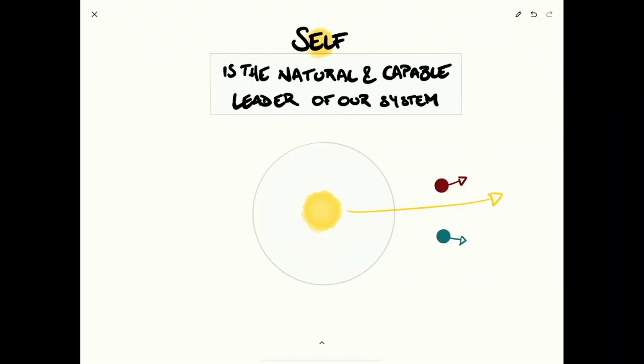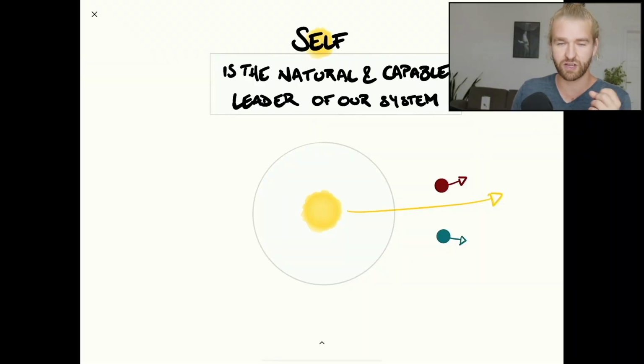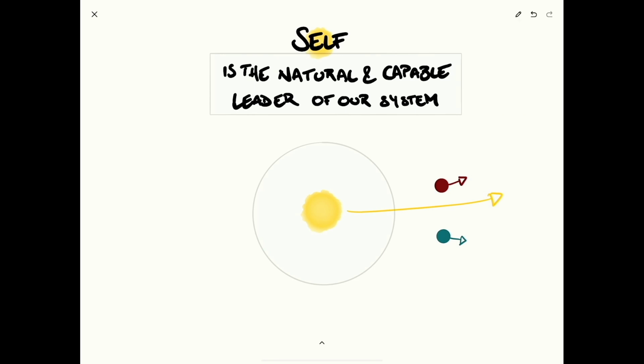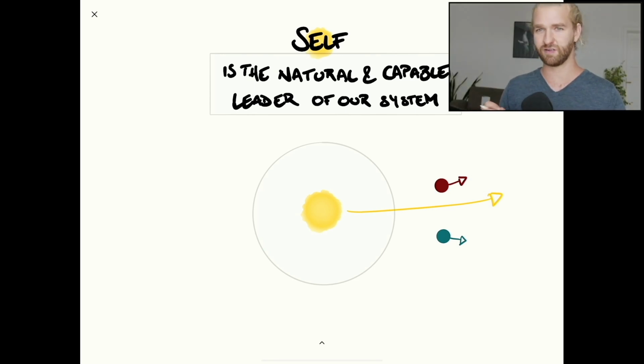And beyond just this paradigm shift of from this place of self or self-energy, we can change and we can help parts and we can deal with situations differently. IFS would actually go one step further and say that self is the natural and capable leader of our inner system. So that self is meant to lead the system.